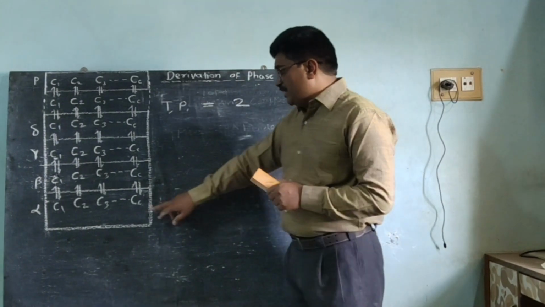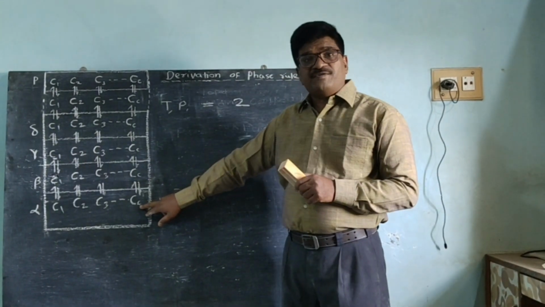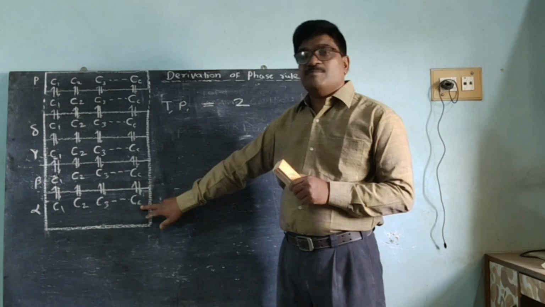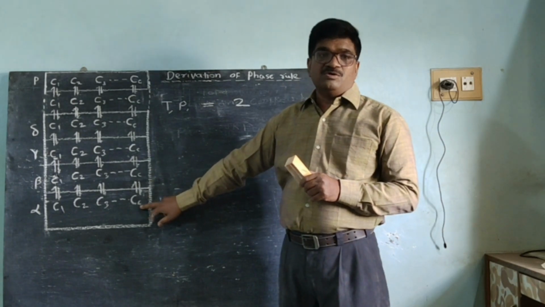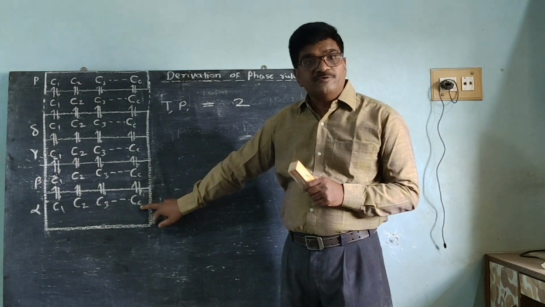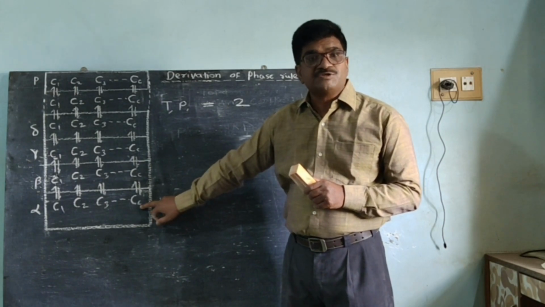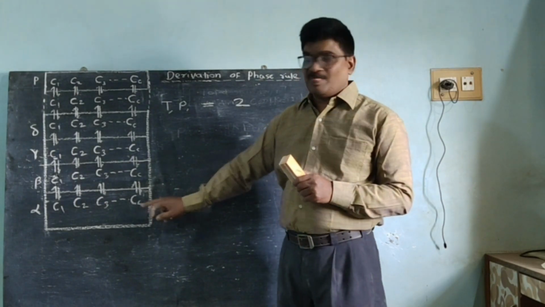Now we have in this alpha phase, or one phase, C components. So we require for a phase C minus 1 concentration terms.